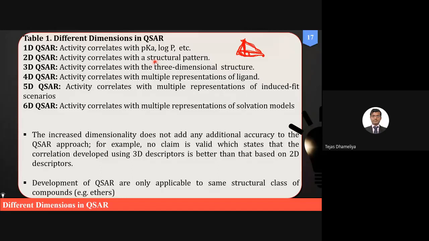Whatever structures you have drawn till now in your ChemDraw or in your notebook, all those are 2D structures, because you are not talking about how the groups are oriented in three-dimensional space. That is what is called a 2D structural pattern. That can be correlated with three-dimensional.